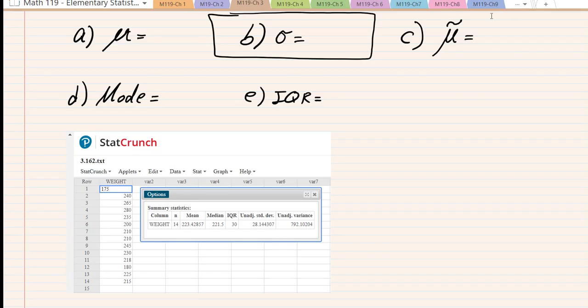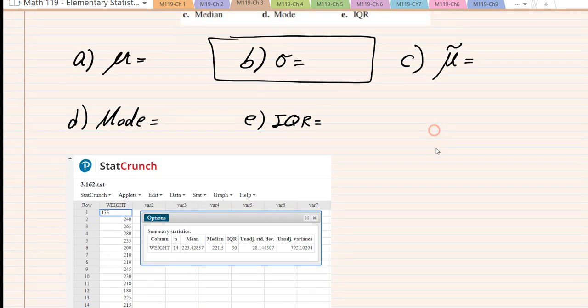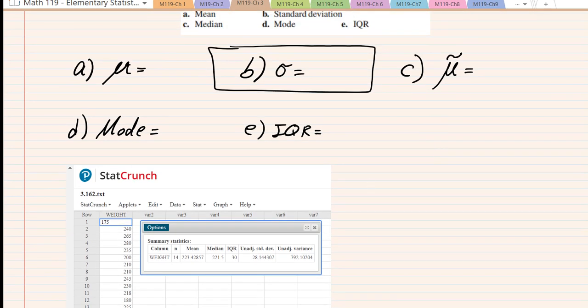Okay, so here we are. Now I just copied that information from StatCrunch onto my note. So let's answer the questions. What is the population mean? The population mean is right in here, 223.4. That's our population mean, and these are again the weights in pounds.